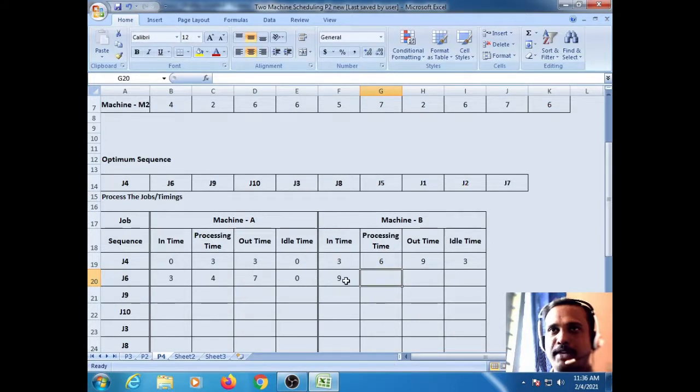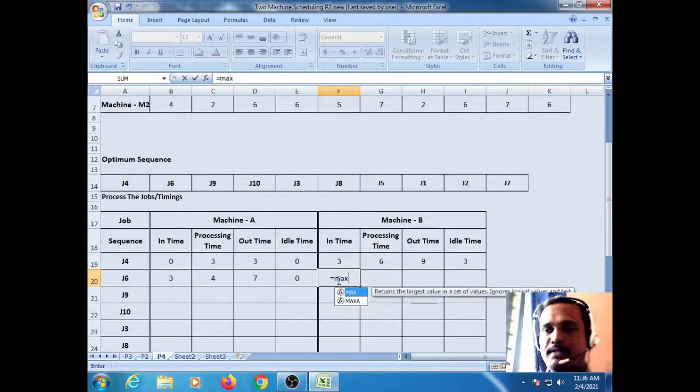So here we have to check the same job's machine A out time and the previous job's machine B out time. So these two times we have to compare. Whichever one is max, that we have to take.